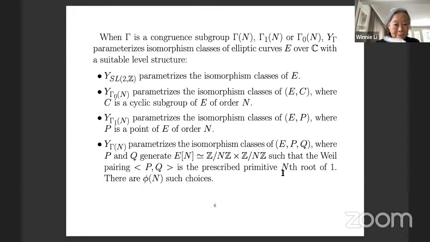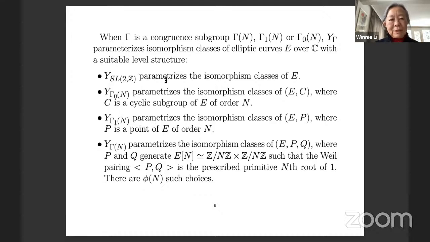So it is very well known, and it was also reviewed in Tuesday's lecture. So if gamma is a congruence subgroup, which is either gamma of n or gamma 1 of n or gamma naught of n, then this Y gamma parameterizes isomorphism classes of elliptic curves over C together with a suitable level structure.